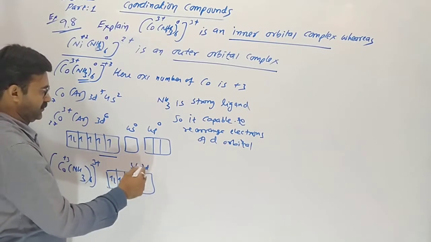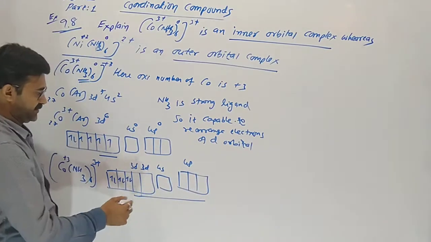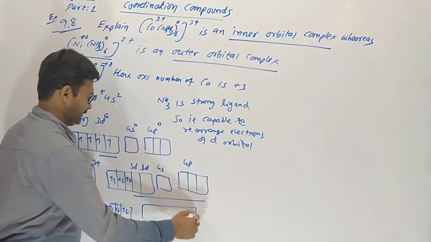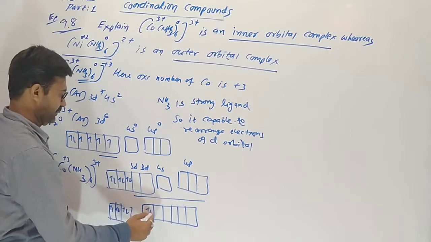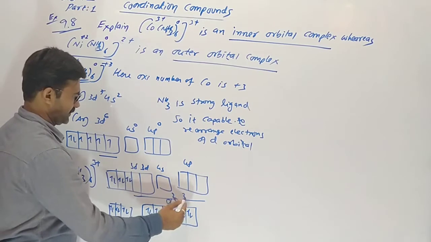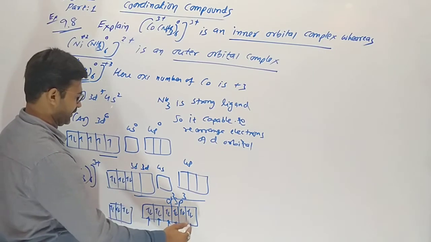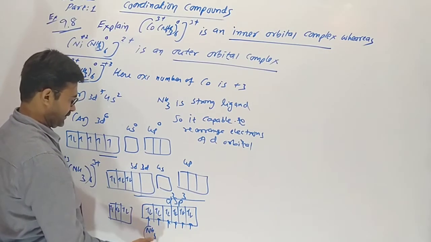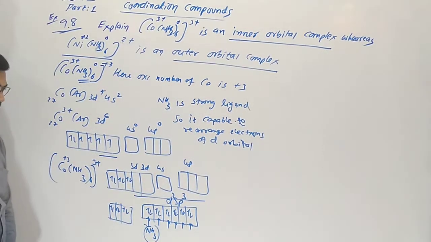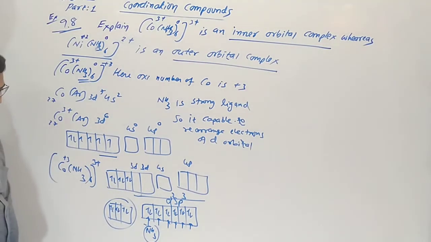Now 2 3d, 1 4s and 3 4p, total 6, hybridize with each other, and it gives us 6 hybrid orbitals, which is called d2sp3 hybridization. All these hybrid orbitals gain an electron pair from amine ligands. Geometrical shape is octahedral, and all the electrons are paired, so diamagnetic by nature.